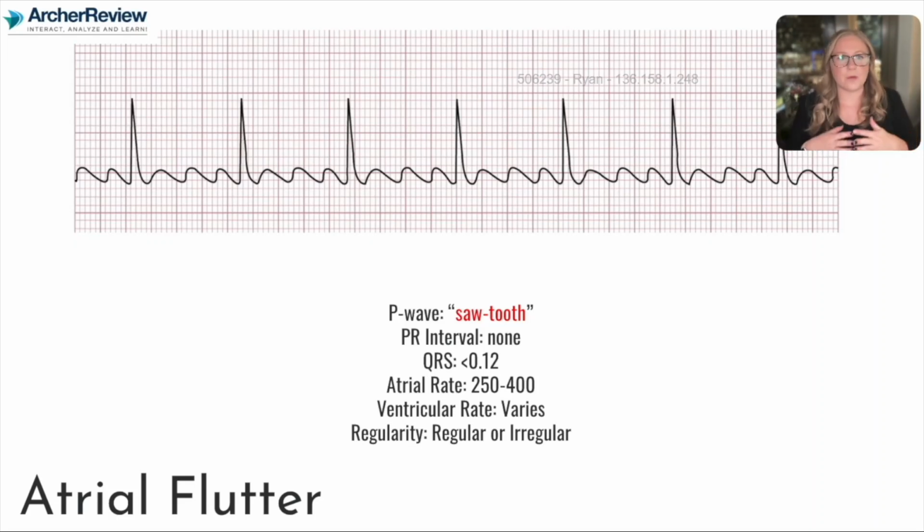In our example up on the screen now, you see a regular atrial flutter. There are 3 sawtooth patterns and then a QRS, 3 and then a QRS. They come at regular intervals. This can deteriorate further, though, to where they're coming sporadically, irregularly, and we have an irregular atrial flutter.